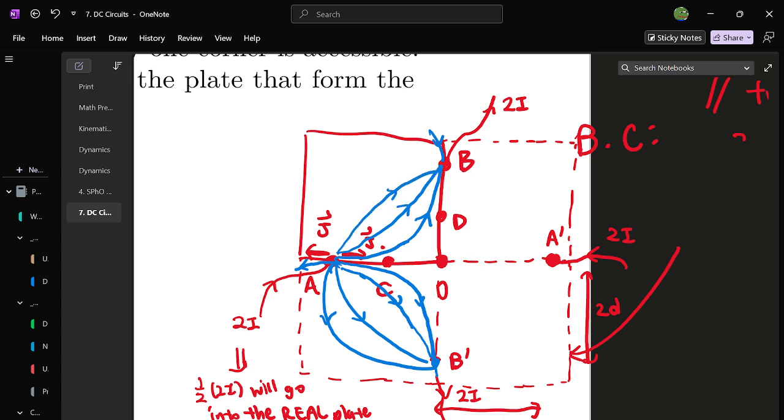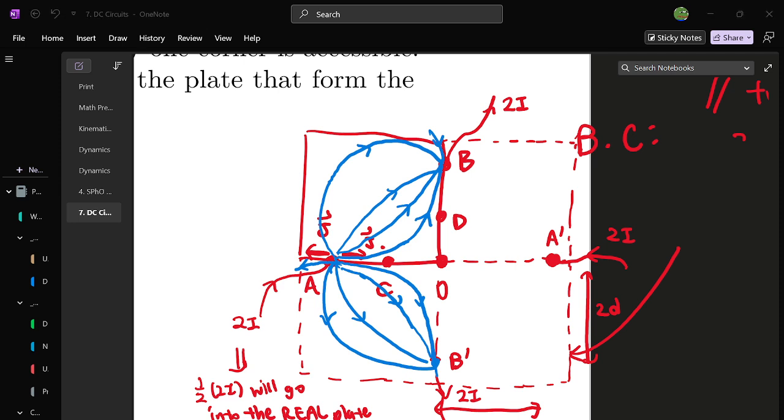And yeah, so you can see here that because this current configuration is so symmetric, at the points that we are considering, definitely the current density will only point parallel to it, because the component perpendicular to the edge of the plate is just cancelled out because of this symmetry.